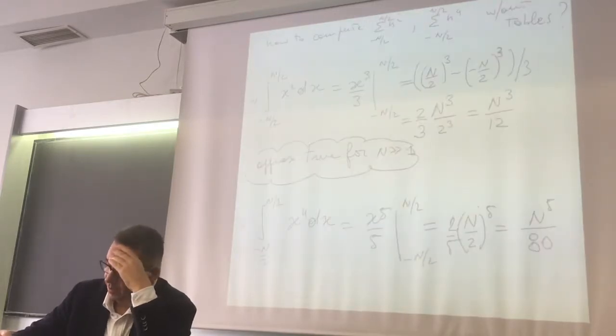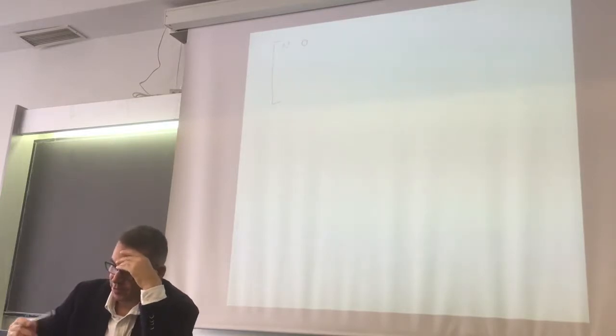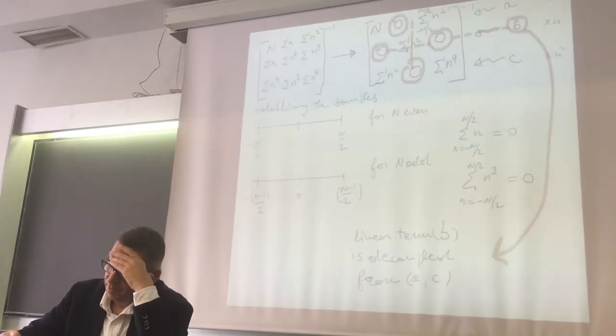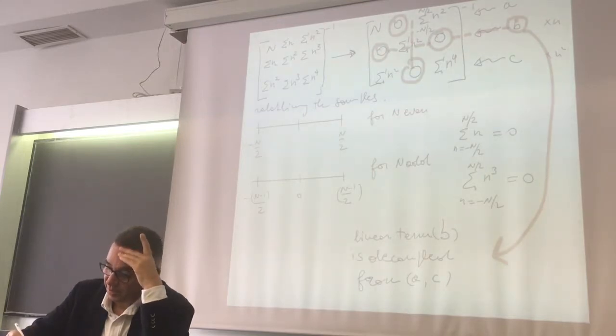n square, which is n cubic divided by 12. Then I have n square, which is n cubic divided by 12. By the way, look at here. These are the same.